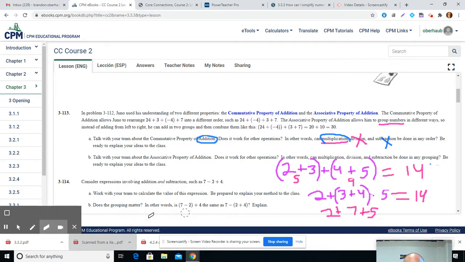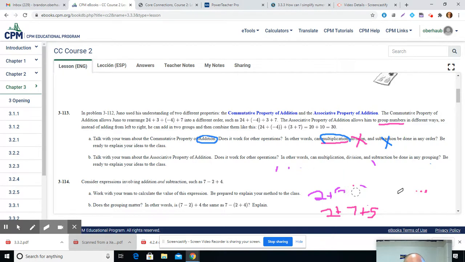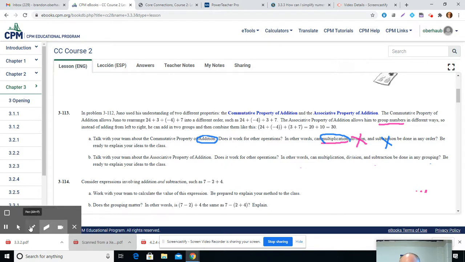Now what they want to know is, does associative property also work for subtraction, division, and multiplication? So real quick, let's just do subtraction. So let's do 2 minus 3 minus 4 minus 5. Real original, I know.